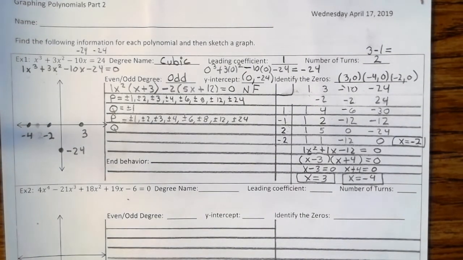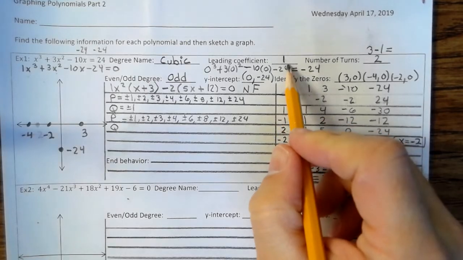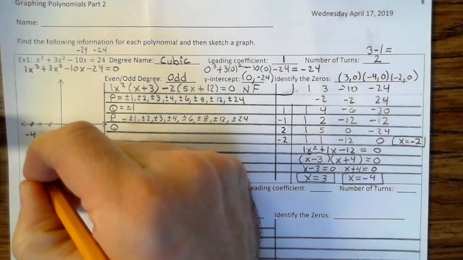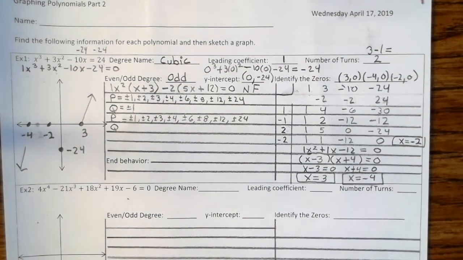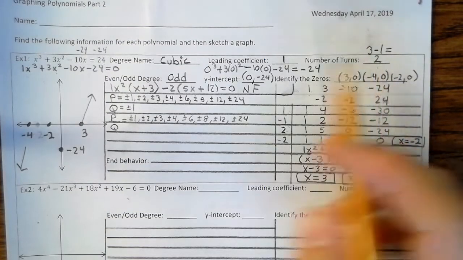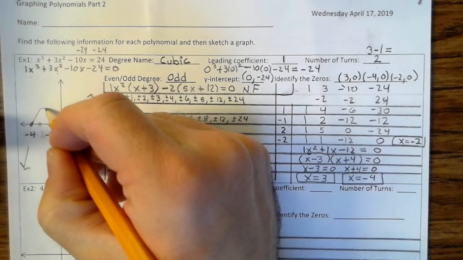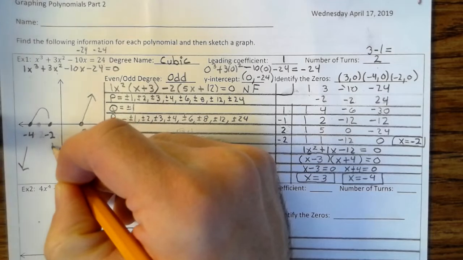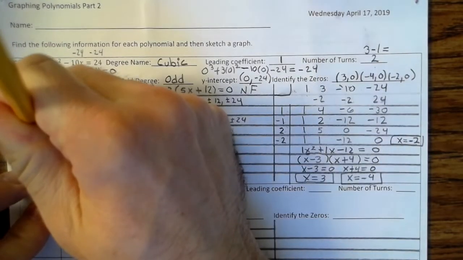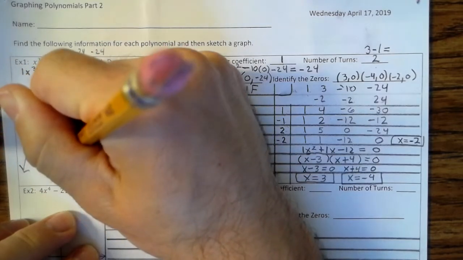Okay, now we know that since the leading coefficient is 1, it's increasing from left to right. And it has 2 turns. So 1 turn, and it's probably actually going to go through like this, and then 2 turns.